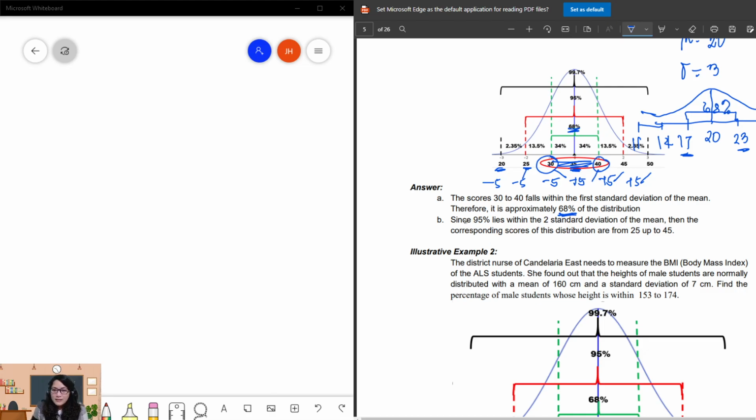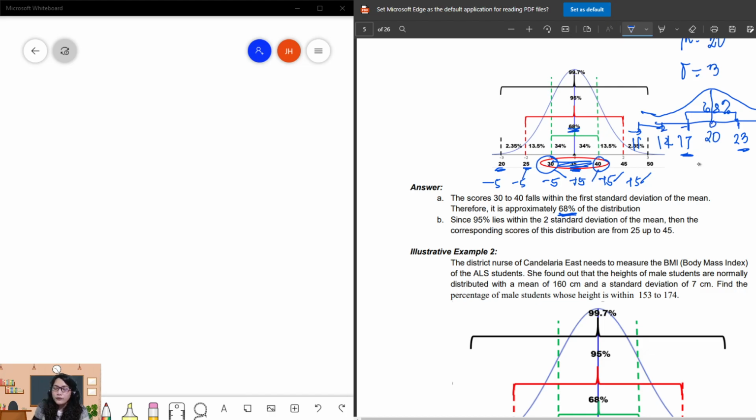Alright. Since 95% lies within the second standard deviation, we have negative 3, negative 2, negative 1, 0, 1.